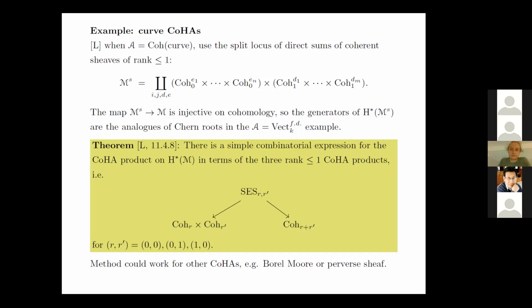You can easily see this associated graded, this symmetric algebra of cohomology of your curve, maybe shifted. But this weight filtration is somehow puzzling. This is what makes the whole story non-commutative. So my question is, what is this weight filtration, which Ben likes so much, in the case of CoHA of the curve?